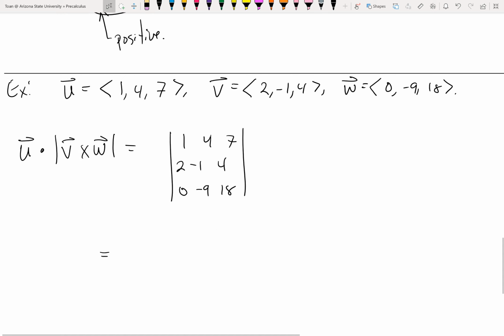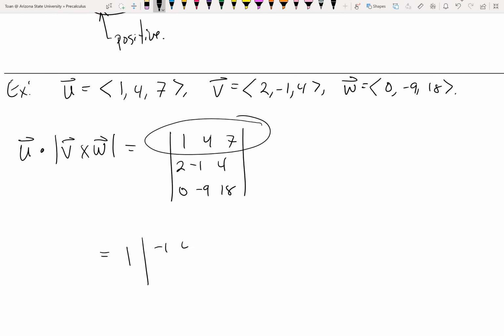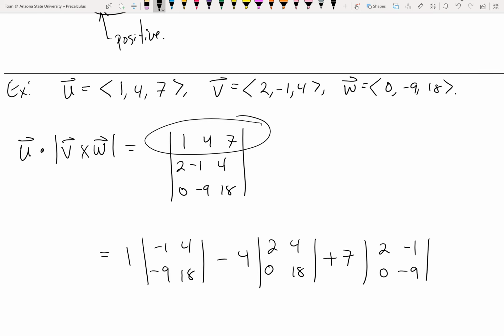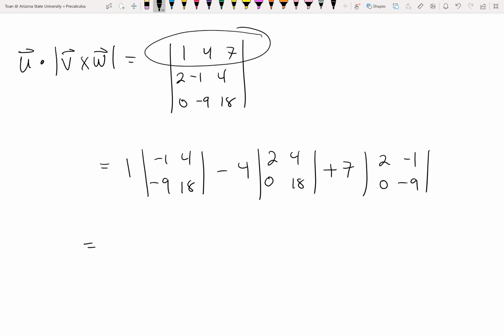So we'll expand on the first row. You use a 1. That's negative 1, 4, negative 9, 18. Minus the 4. So that's 2, 4, 0, 18. Plus the 7. That's 2, negative 1, 0, negative 9. So that is 1 times negative 18 minus a negative 36.